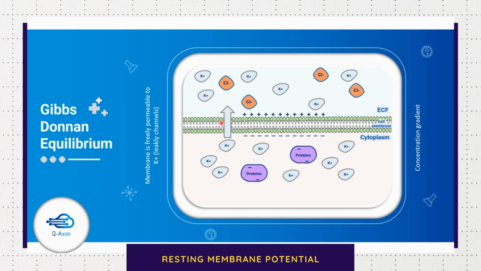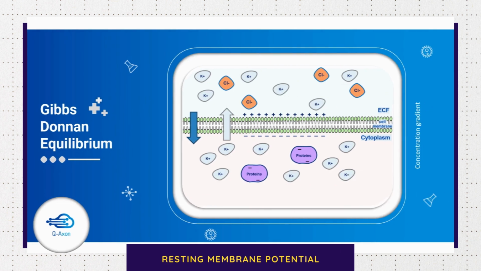So there are two forces which can drive the movement of ions: one is the concentration gradient and one is the electrical gradient. In the beginning the positivity was neutralized by the negativity, so actually there was no electrical gradient, only a concentration gradient. But as these positive potassium ions start moving outside and positivity develops on the outside, an electrical gradient starts developing.